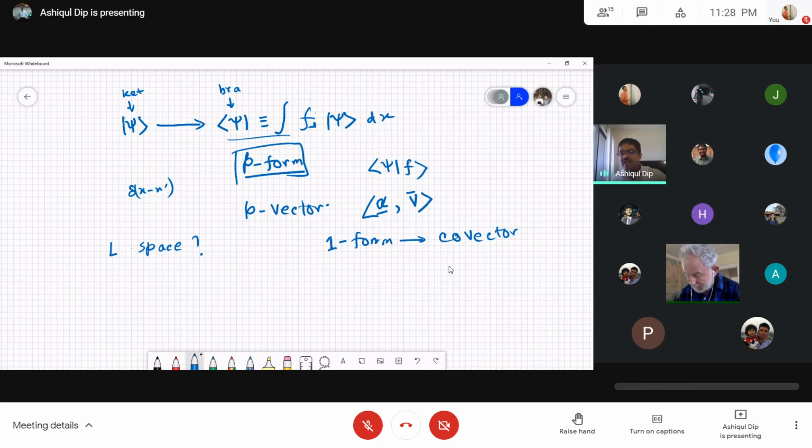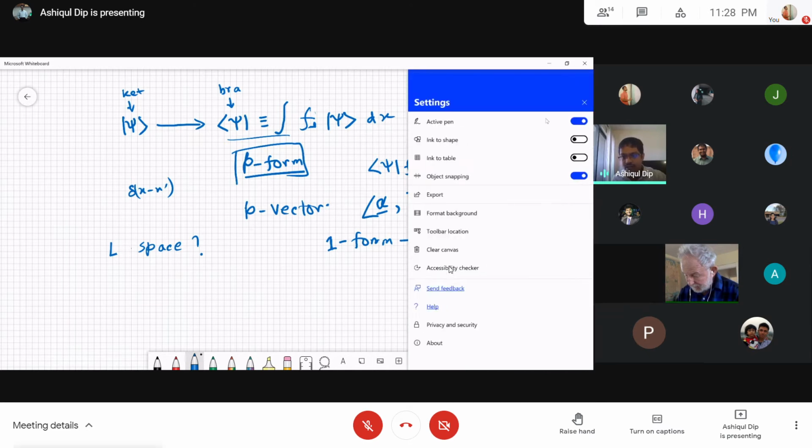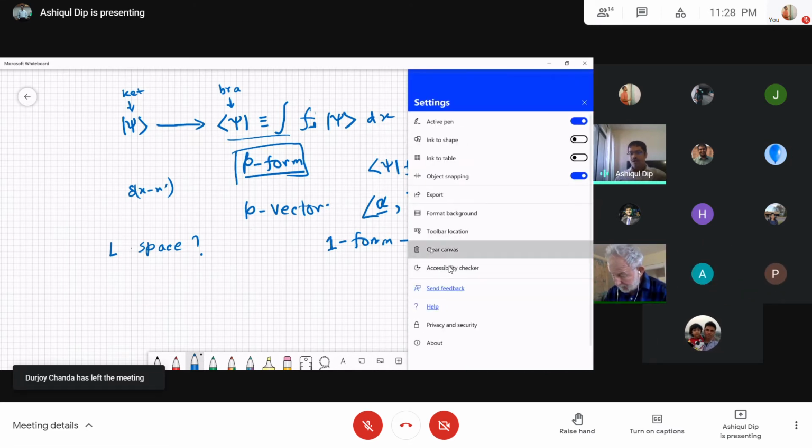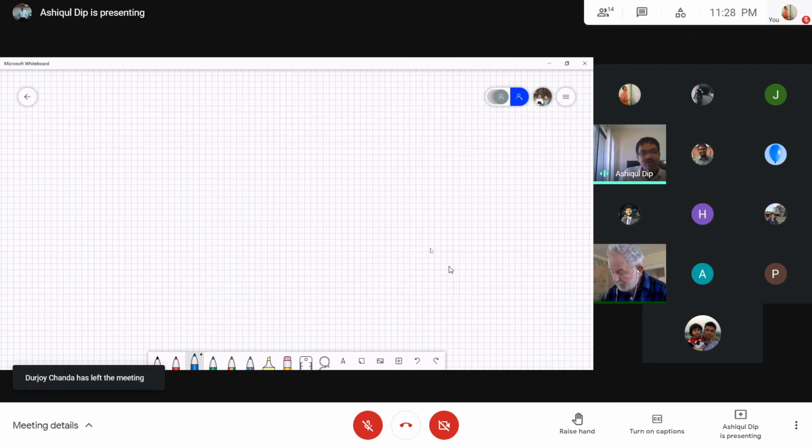Let me give you some example, because then it will be clear what we are doing. You know what momentum is, right? Say momentum in polar coordinates. How did you define the corresponding momentum in polar coordinates, consistently for each of the coordinates?